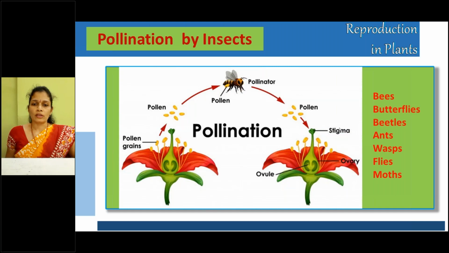See, there are many pollinating agents like bees, butterflies, beetles, ants, wasps, flies, moths. All these are insects which help in pollination. Now let us see the other pollinating agent.